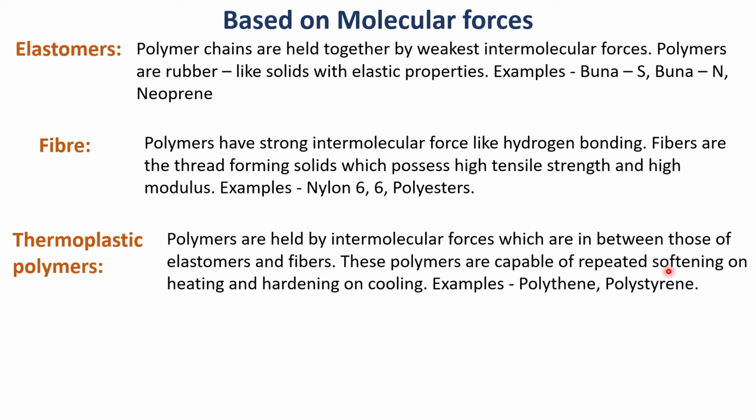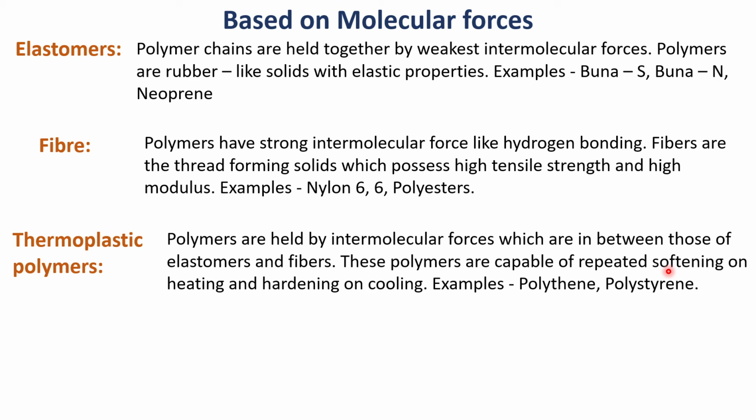If you heat the polymer, it will get softened, and if you let it cool down, it will start hardening again. For example, you have also seen what happens if polythene is burned.